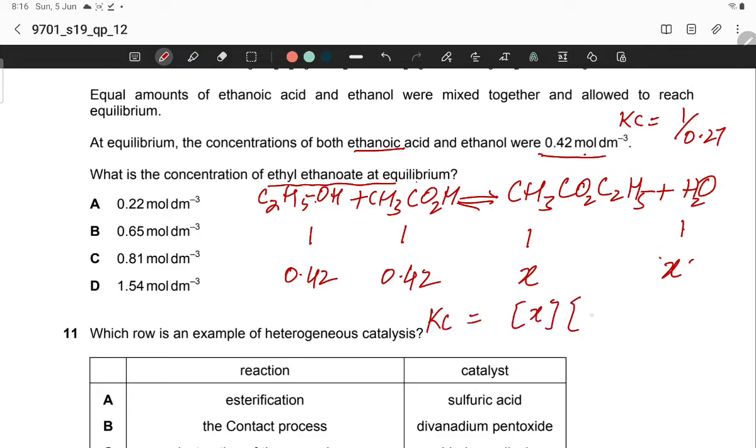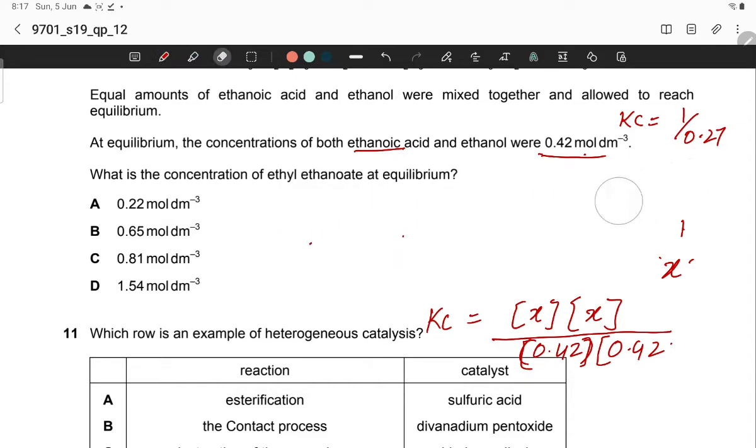x divided by 0.42 and 0.42. Now Kc is 1 over 0.27, which is equal to x square divided by 0.42 into 0.42, which is equal to 0.1764.